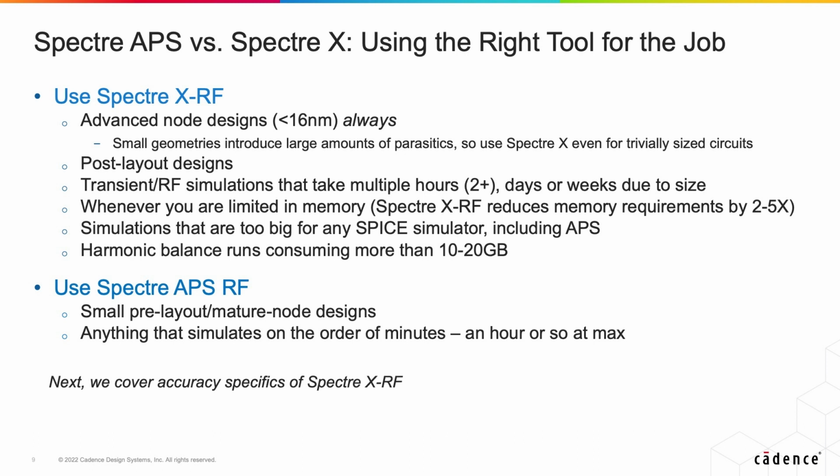But when you have an APS simulation that is 2 hours or more, then using Spectre X, XRF can really improve performance, especially in advanced nodes. So the main reason for using Spectre X is to deal with the capacity and also to get better performance when APS takes a very long time to simulate.